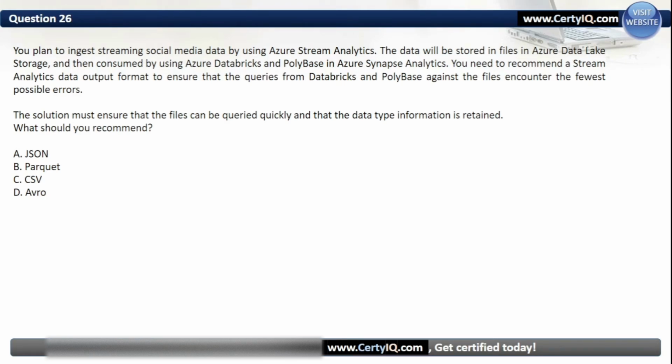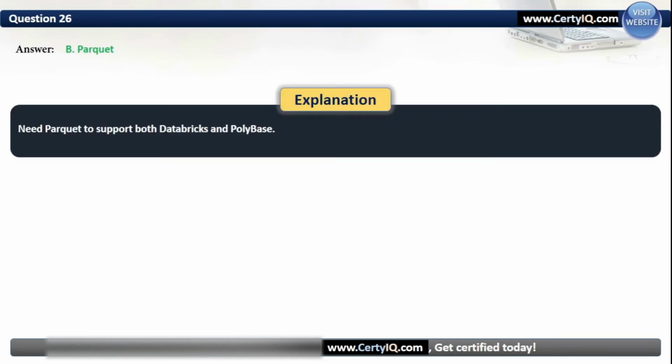The solution must ensure that the files can be queried quickly and that the data type information is retained. What should you recommend? Our options are A. JSON, B. Parquet, C. CSV, or D. Avro. The correct option is B. Parquet. Need Parquet to support both Databricks and Polybase.